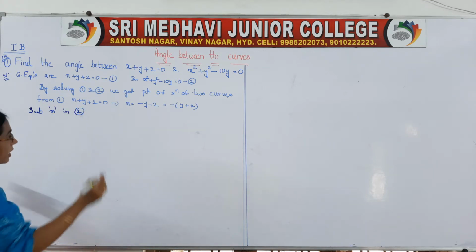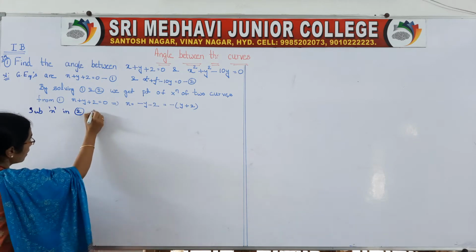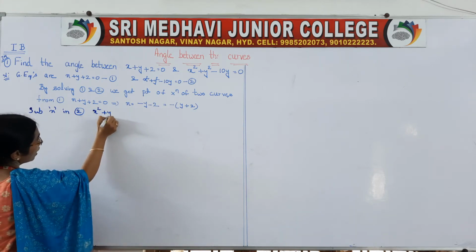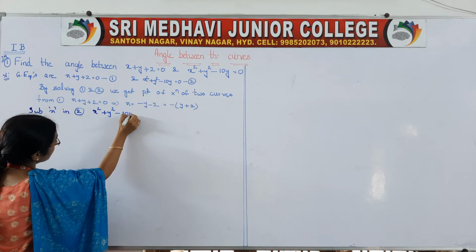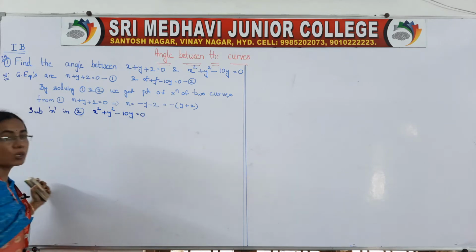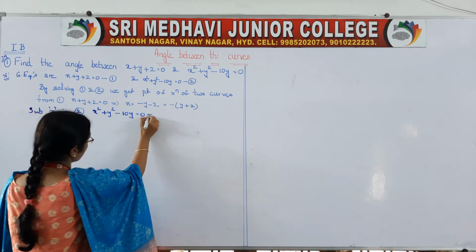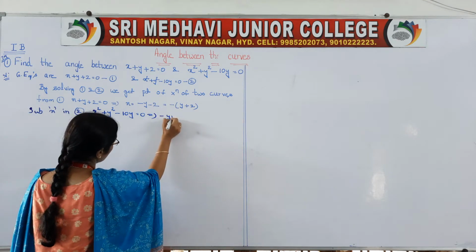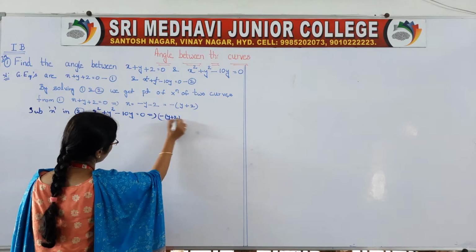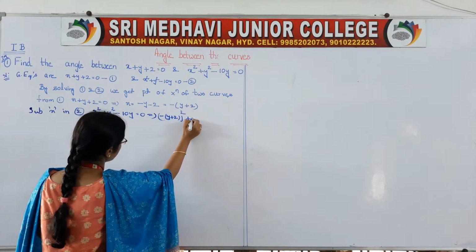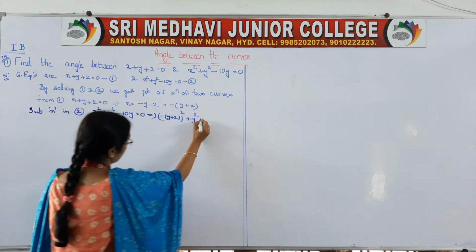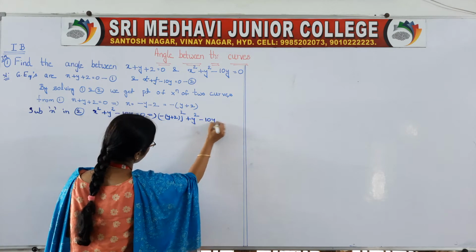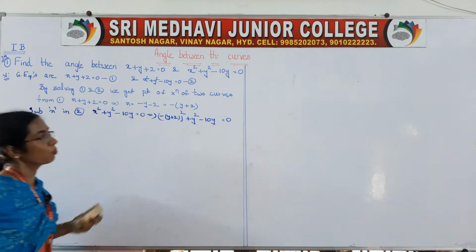What is the second equation? x square plus y square minus 10y is equal to 0. So in x's place we write minus of (y plus 2) whole square, plus y square minus 10y is equal to 0.